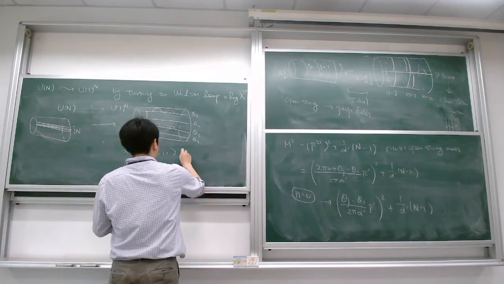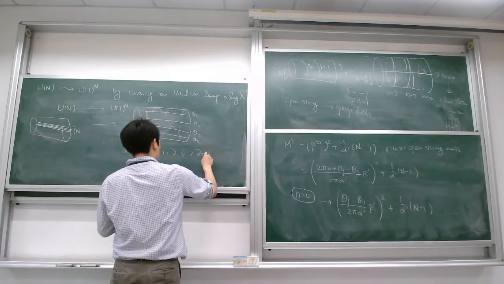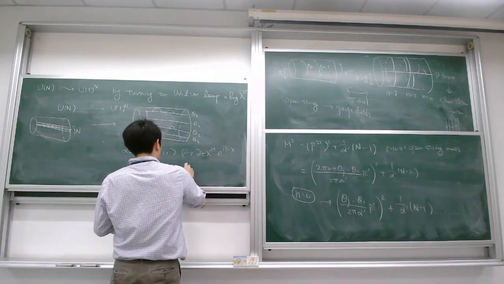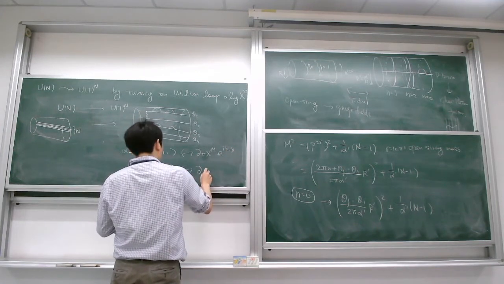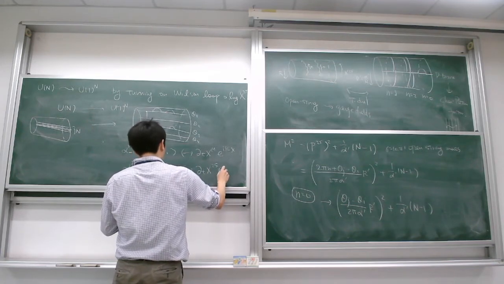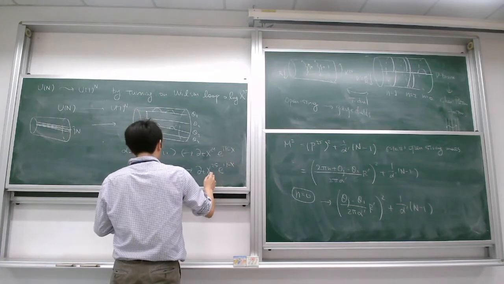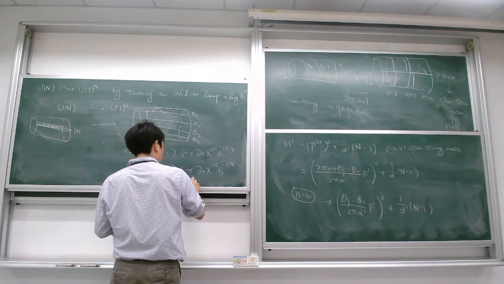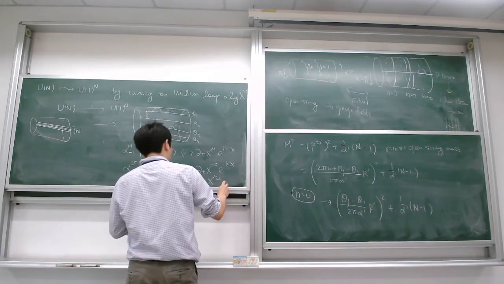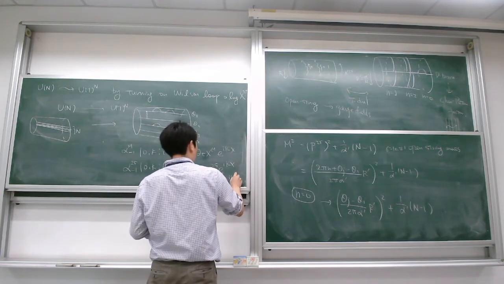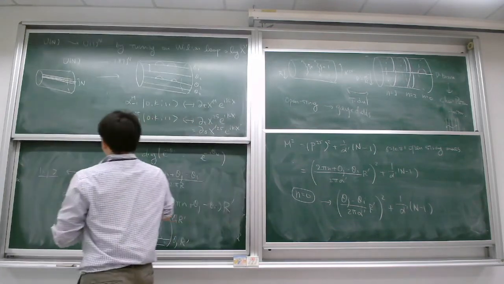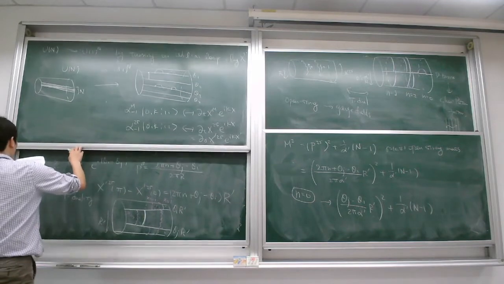The corresponding vertex operator is partial X^mu e^{ikX}. In the T-dual picture, this is equal to partial X'^25 e^{ikX'}. This is the corresponding massless state.